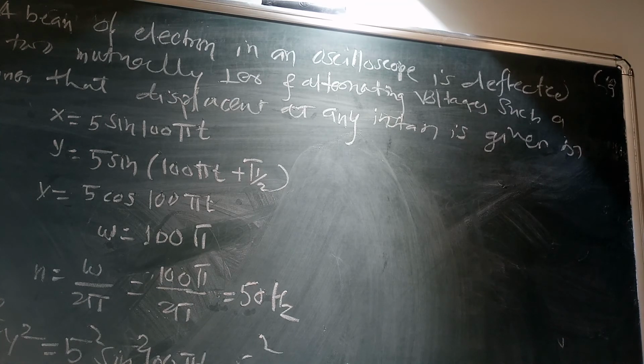So x square plus y square is equal to 5 square into 1, that is 25. Therefore the path describes a circle of radius 5.